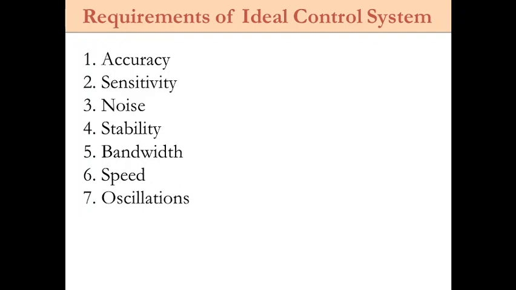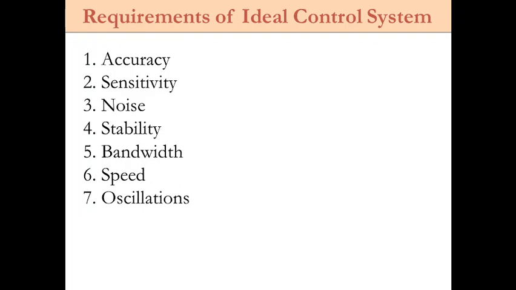Then the fourth one is stability. The main concept of stability means the output of the system must follow the reference input and must produce a bounded output for a bounded input. But due to wrong selection of parameters, it is possible that the output tends to increase without bounds.